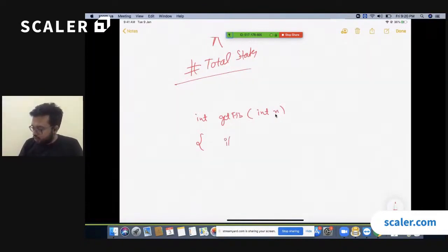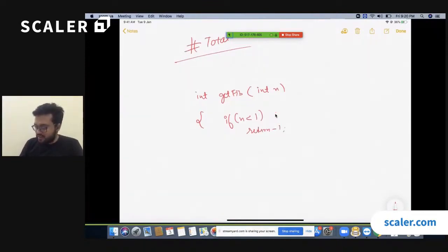So what do you do? First of all, let's check for a safety case that if n is less than 1, then let's say it's not defined. So you return -1, let's assume. Now, if this is not the case, if n happens to be less than or equal to 2, that is, if n happens to be exactly 1 or 2, that is, you want the first Fibonacci number or the second Fibonacci number, you are just going to return 1.